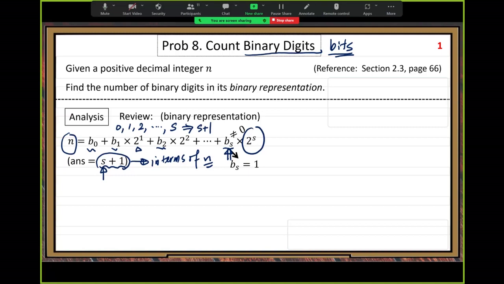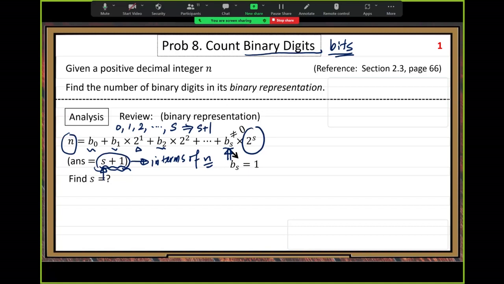We cannot see s immediately. So in our final formula, we want to write this answer in terms of n, not containing s. So we need to find that representation for s. How to find s?